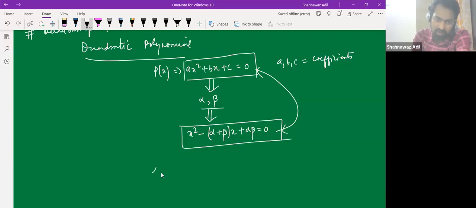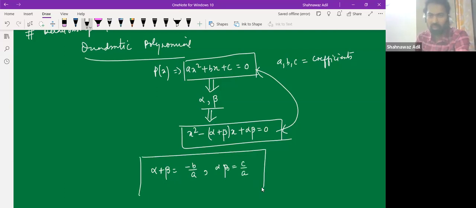The sum of the zeros was minus b by a, and the product was c by a. This was what we talked about in the polynomial case. The cubic was not in the syllabus, so we can discard that. Am I missing anything else? These were the things we learned in the polynomial, right?